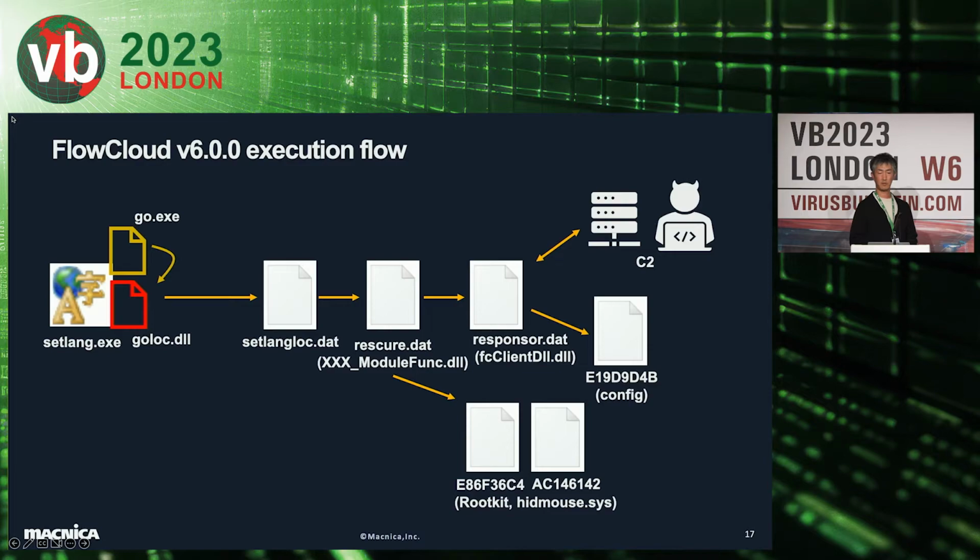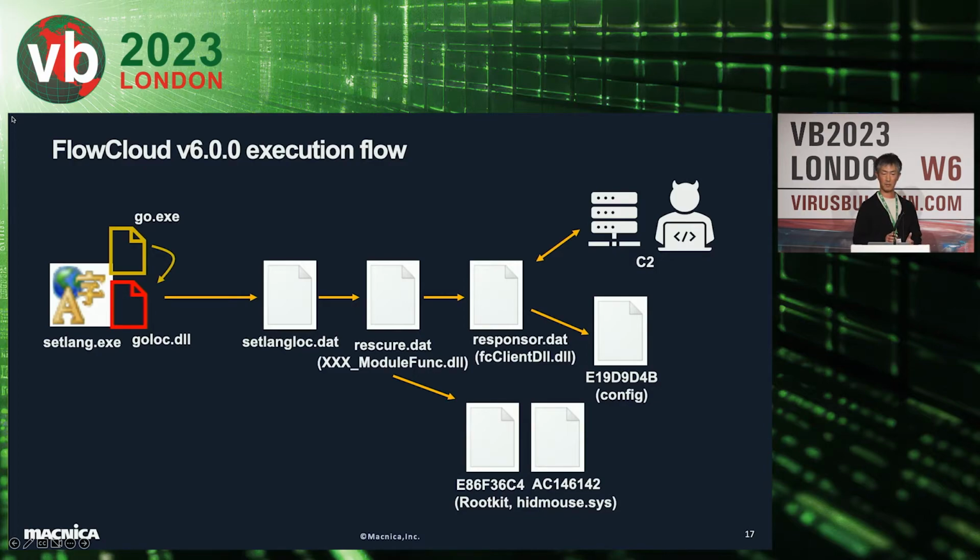And this is the version 6 execution flow. There is no big difference between version 5.0.8 and version 6. One difference is that setrun.exe and the setrun.log DLL, the malicious DLL, are renamed to GoExe and GoLogDLL. And these files are embedded in an alternate data stream of setrun.exe.